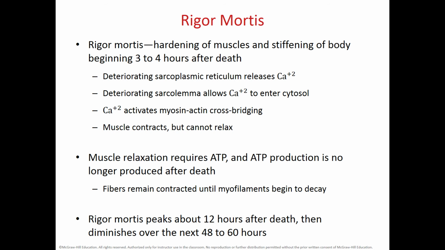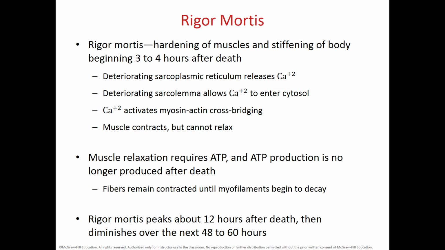But as the time passes by and the skeletal muscle fibers start to degenerate because of the death, this enzymatic reaction that happens normally after we die with all of our cells will cause the leak of the calcium from the sarcoplasmic reticulum. And then this calcium will bind to troponin, and then tropomyosin is going to move away from actin, and then you will have this cross bridge between actin and myosin. So the muscles will be contracted but cannot relax because you don't have ATP.